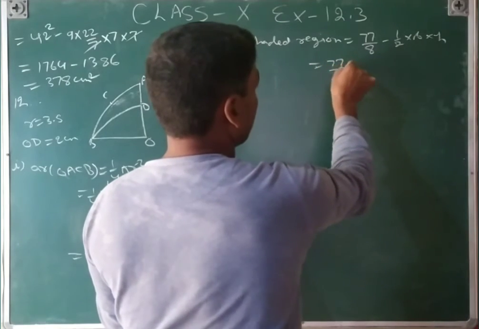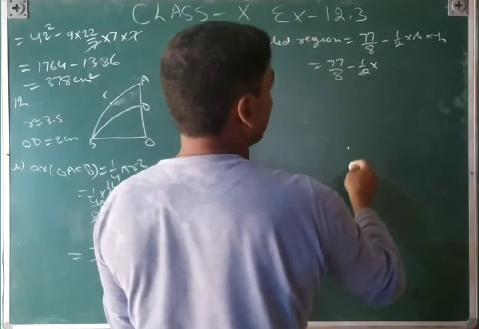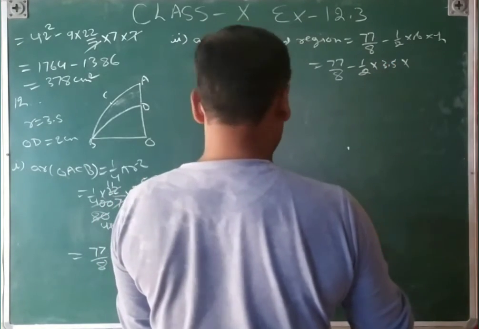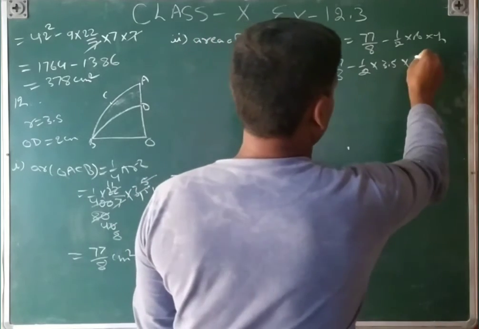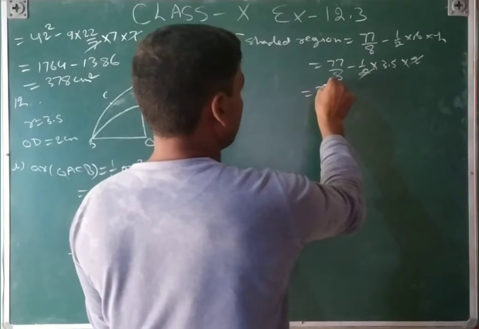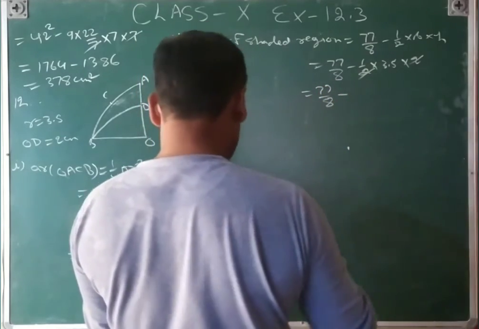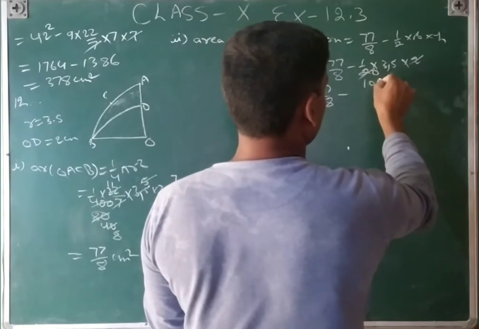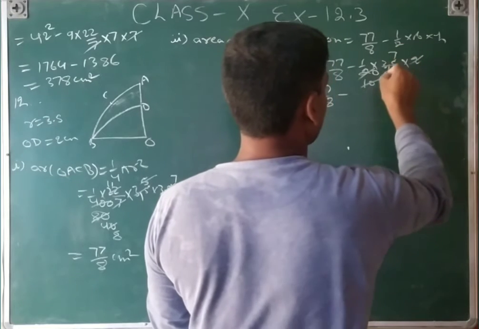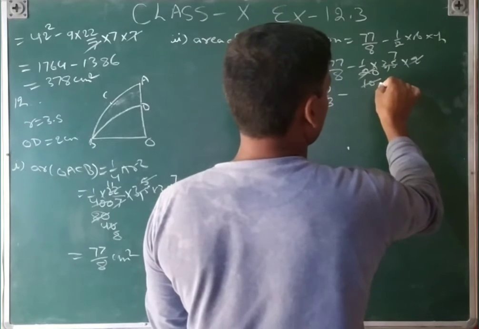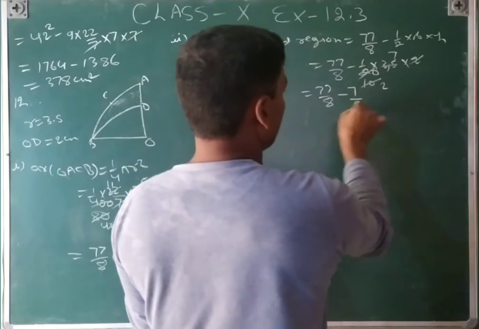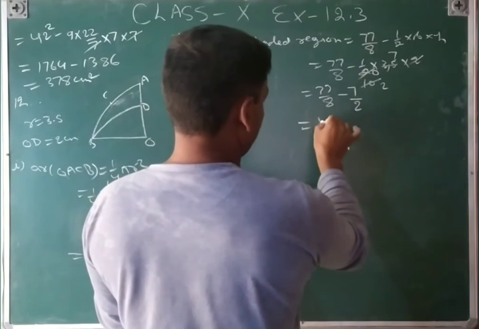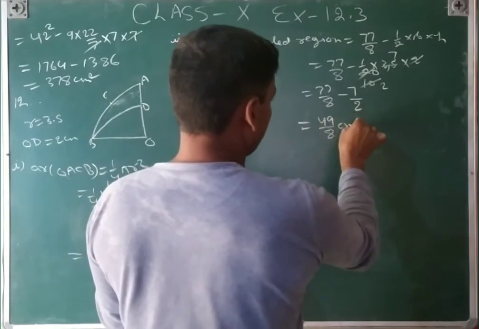So 77 upon 8 minus 1 upon 2 into base 3.5, and then multiply height, which is given OD, 2 centimeter. 2 cancels. So 77 upon 8 minus 7 upon 2. So by LCM the answer is 49 upon 8 centimeter square.